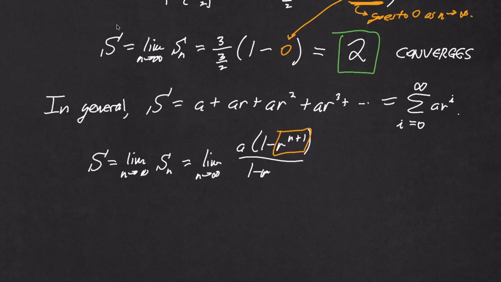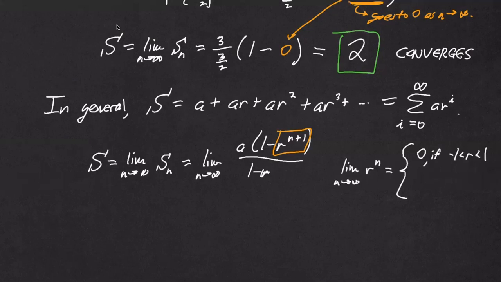If r is smaller than 1 in size, it could be negative, but it's got to be smaller than 1 in size. So let me write this as a general statement, right? The limit as n goes to infinity of r to the n, or r to the n plus 1, doesn't really matter, if r is between -1 and 1, then that's going to go to 0.